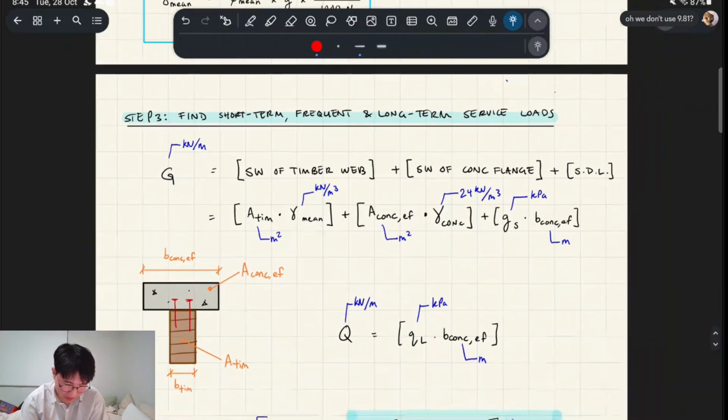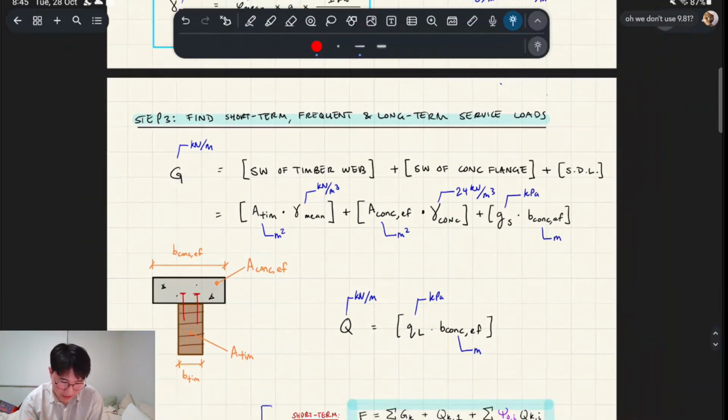Step 3. You find the loads, and you can break it up into G and Q. That's why I was talking about all that: you have to find the self-weight of the timber, the self-weight of the concrete, which we're going to consider as 24 kilonewtons per meter cubed in this course, and SDL, the superimposed dead load.